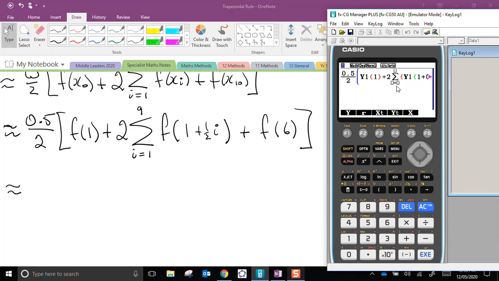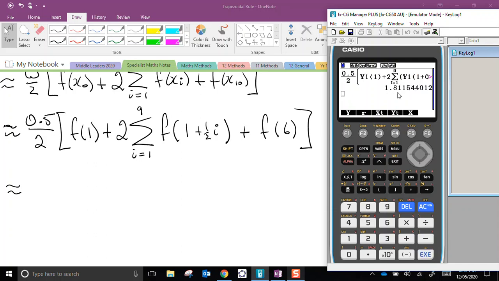Right arrow brings me down to here, where I can tell the calculator that i, in this case, ranges from 1 to 9. Now I need to add on F6. Close out that large brackets, and we're ready to go.